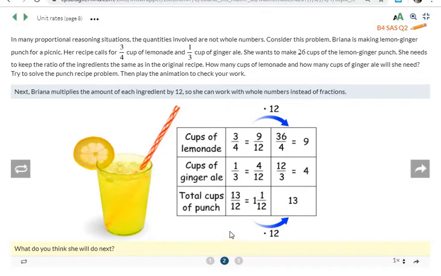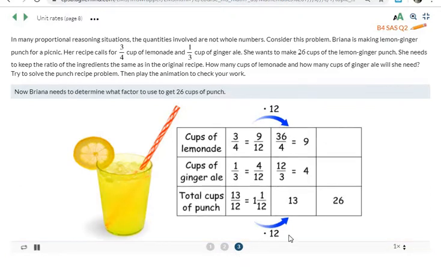So she figures out that she needs to double what she did here. So she needs 26. So she divided 26 by 13, found her scale factor is 2. She's going to multiply these amounts times 2 to see how much lemonade she needs and how much ginger ale she needs.